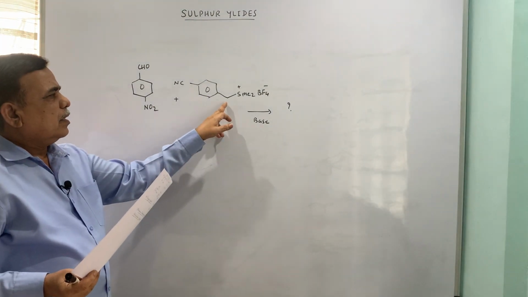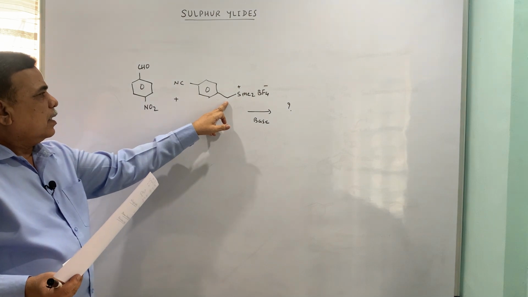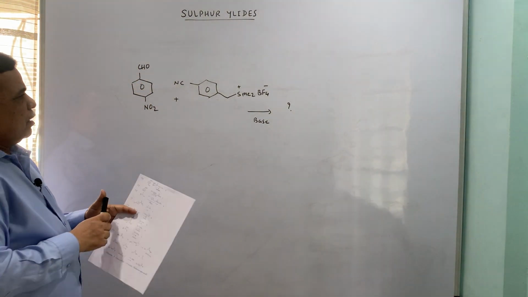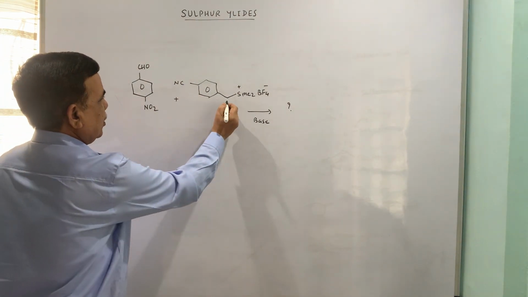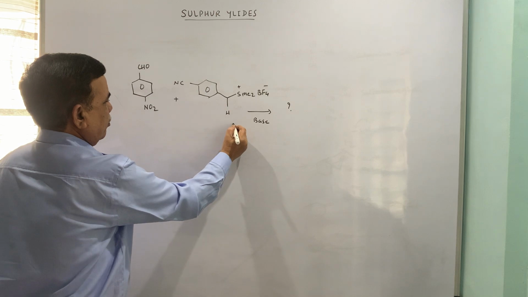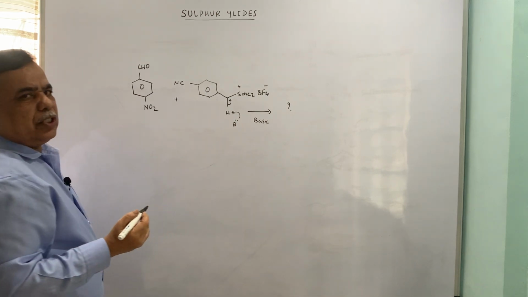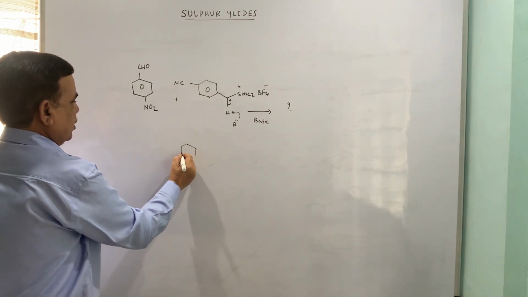The base will abstract proton from here, and this will eventually react with the aldehyde. So the abstraction of proton has to be the first step. So loss of proton to a base, if base is not mentioned, then you can show this thing.